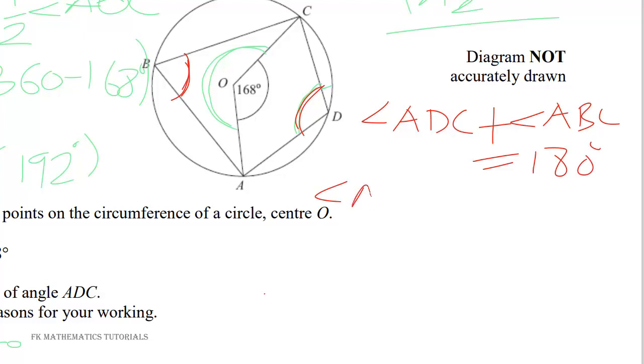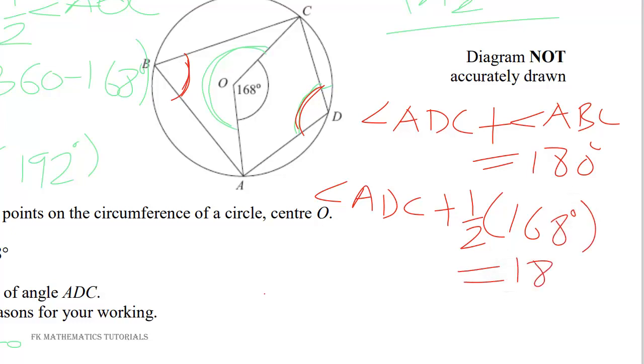Angle ADC adding to angle ABC, which is half of 168 degrees. Again, angle at the center is equal to twice the one at the circumference, or the one at the circumference is half of this.